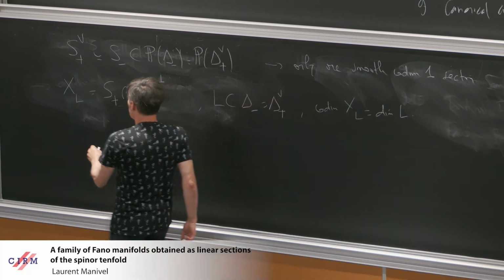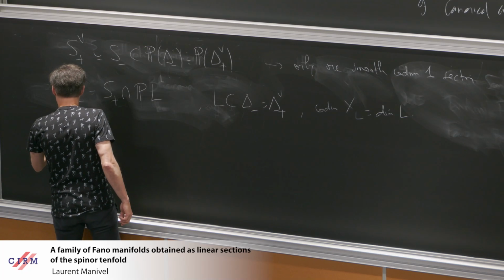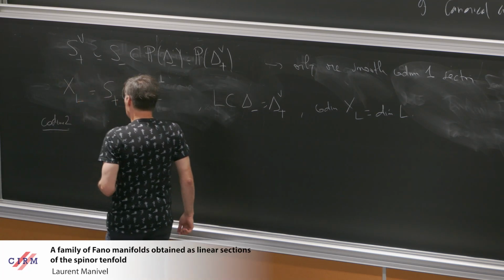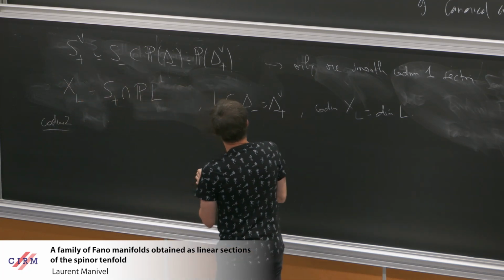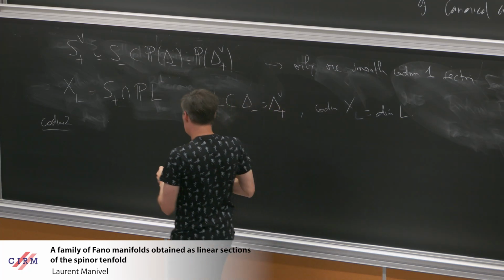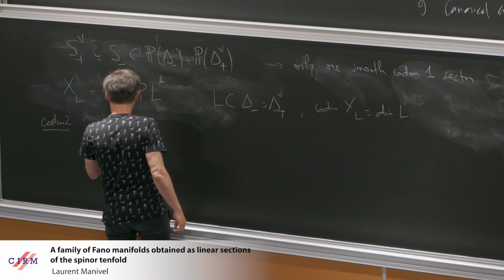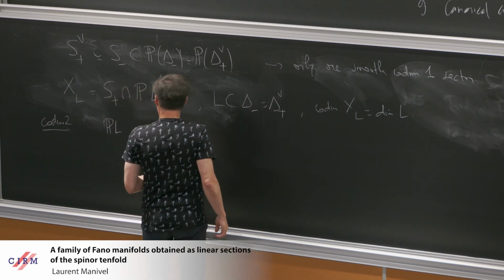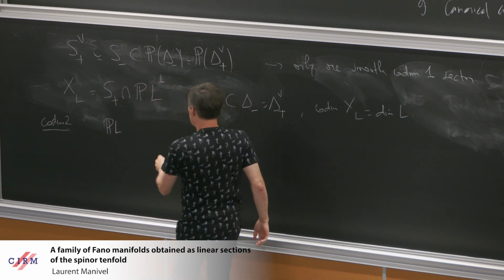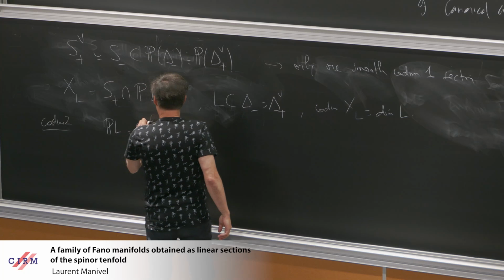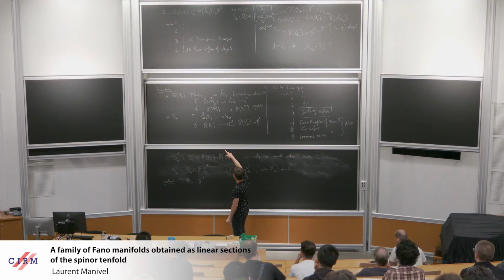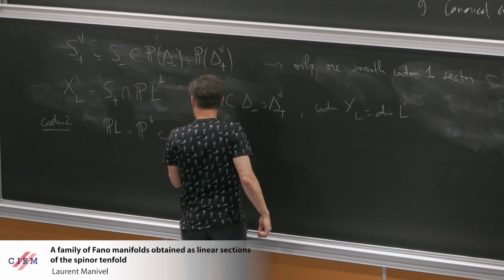So if I go to codimension 2, what are the possibilities? So I have this P of L now, which is a P1. And I can use the map gamma. I took it for delta plus, but there is the same one for delta minus.